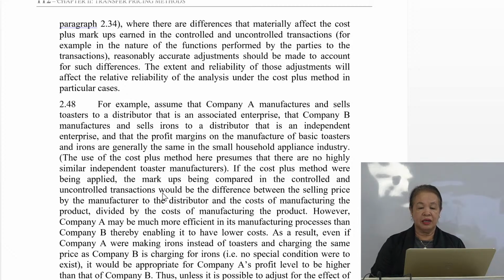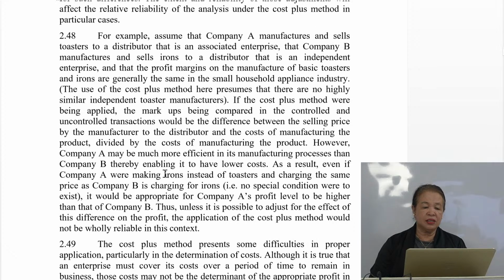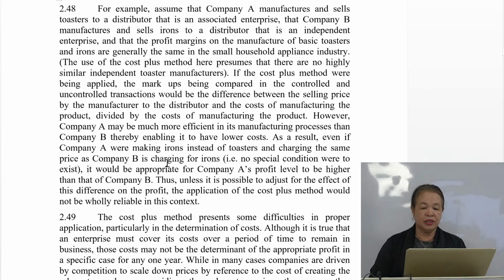So, for example, assume that company A manufactures and sells toasters to a distributor that is an associated enterprise, and that company B manufactures and sells irons to a distributor that is an independent enterprise. No? And that the profit margins on the manufacture of basic toasters and irons are generally the same, no?